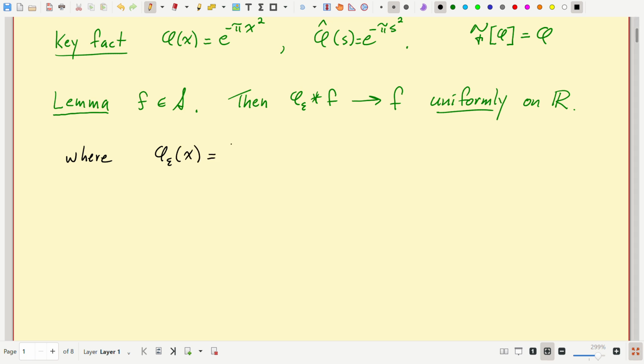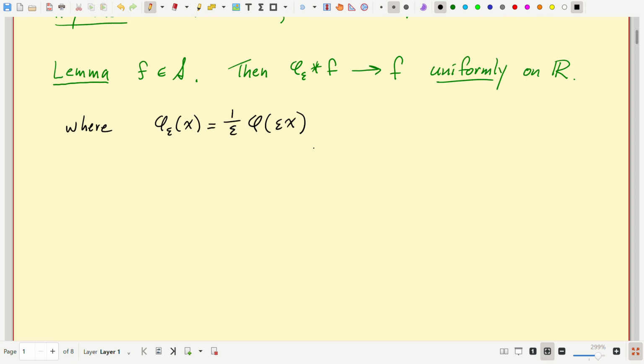The classic method to turn it into a bump function is to take 1 over epsilon times phi of x over epsilon. Sorry, you're right, it's x divided by epsilon. That concentrates the bump at 0.